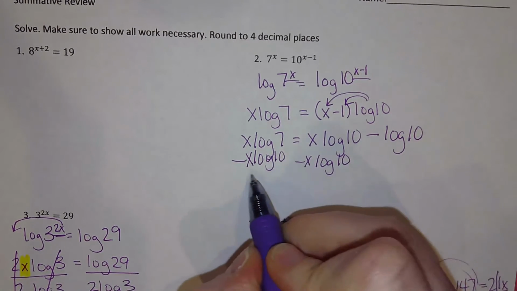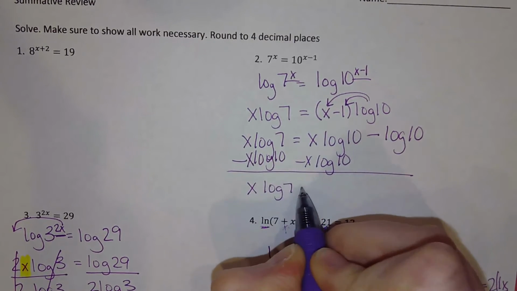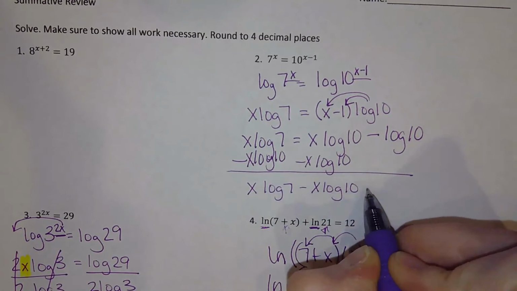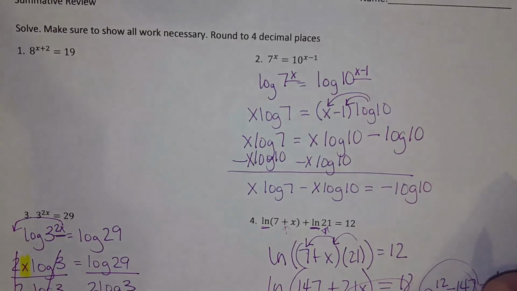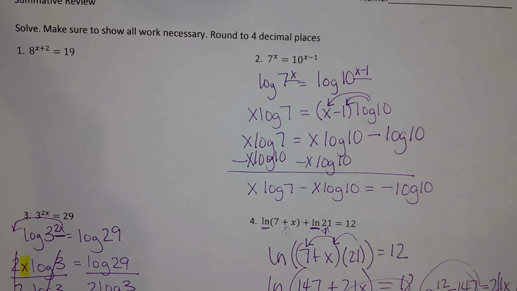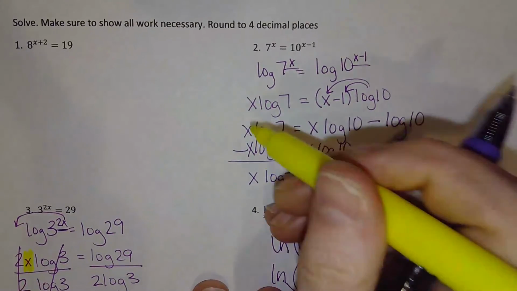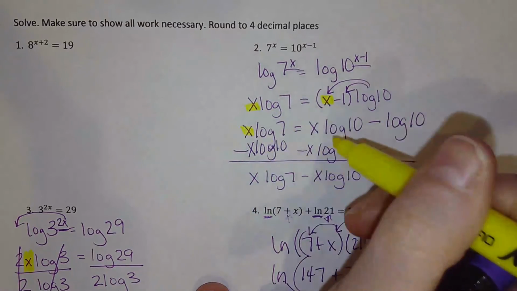Alright, and so I'm going to have x log 7 minus x log 10 equals negative log of 10. Okay? So what I'm going to look at is how x's are x's.